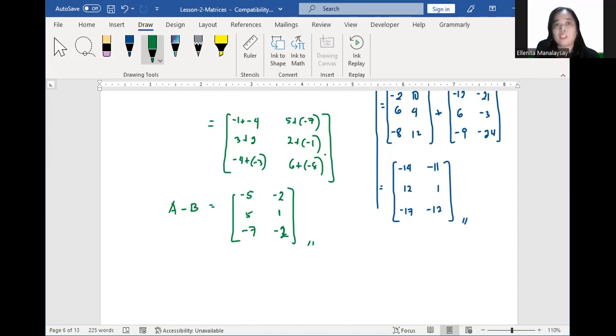To perform addition, all we need to do is to add their corresponding entries. Now, scalar multiplication means we multiply a given matrix by a constant or a real number. To perform the operation, all we need to do is to multiply that constant to each of the entries of the given matrix. I will pause the discussion here because I will give some exercises for you to practice.